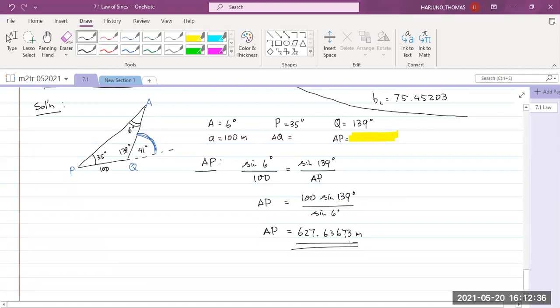Okay. Now that's for law of sines, your suggested homework. From here, I will give myself a break after this. Suggested homework from this 7.1, number 1 to number 19 are good enough.